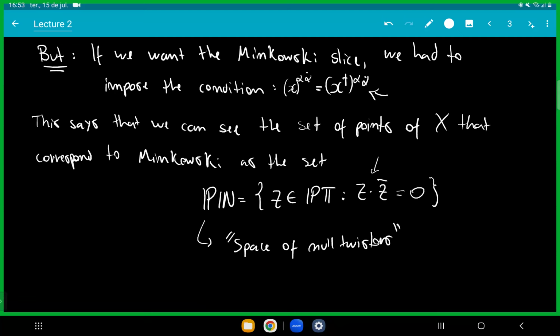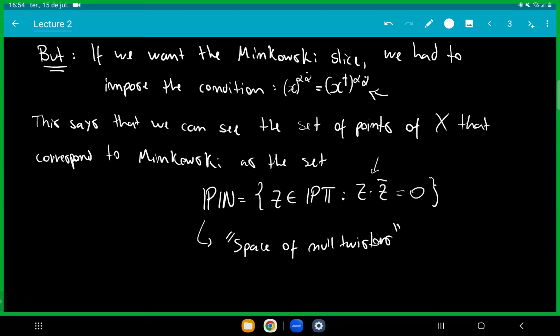So PT is a subset of CP3, and then the actual Twistor space of Minkowski that returns the Lorentzian Minkowski spacetime, the R4 with the Lorentzian metric, all the thing that you could do special relativity on, is the subset of the Twistor space in which you have null twistors. So which are these twistors that obey this condition.